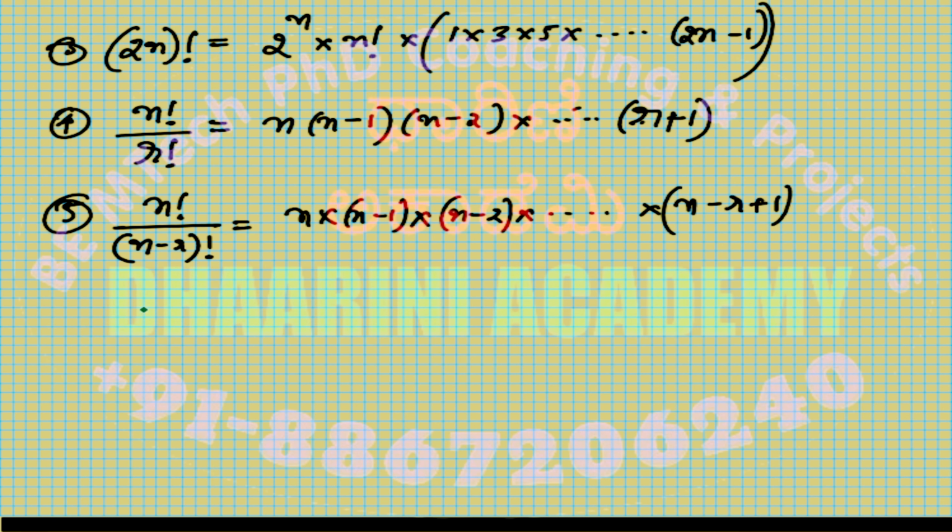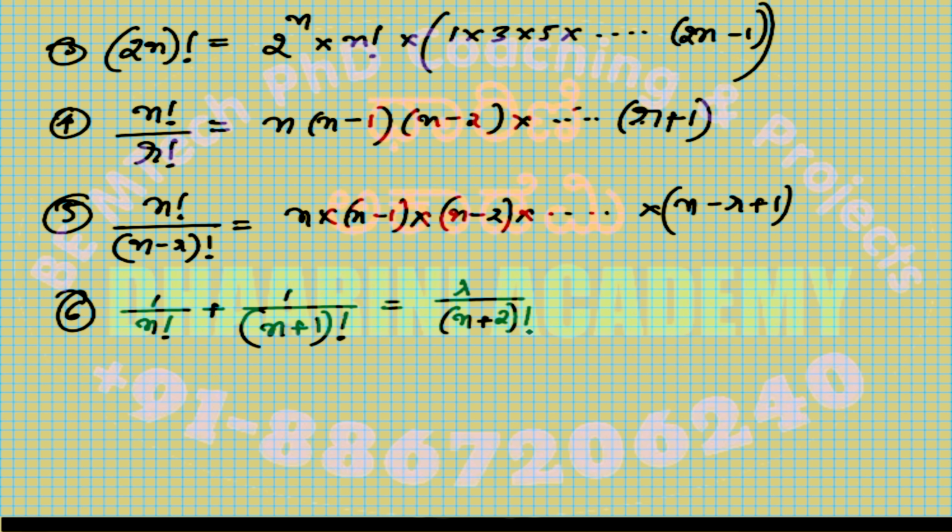If 1 divided by n factorial plus 1 divided by n plus 1 factorial is equal to lambda divided by n plus 2 factorial, then lambda is equal to n plus 2 whole square.